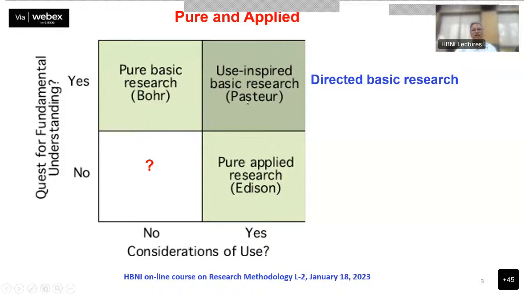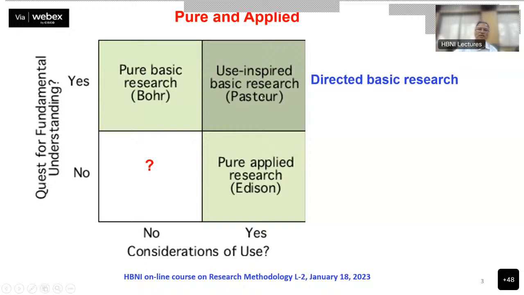Whereas the use-inspired basic research, the Pasteur's quadrant, involves both fundamental understanding as well as consideration of use. So these quadrants are also called: pure basic research as the yes-no quadrant, pure applied research as the no-yes quadrant, and use-inspired basic research as the yes-yes quadrant.